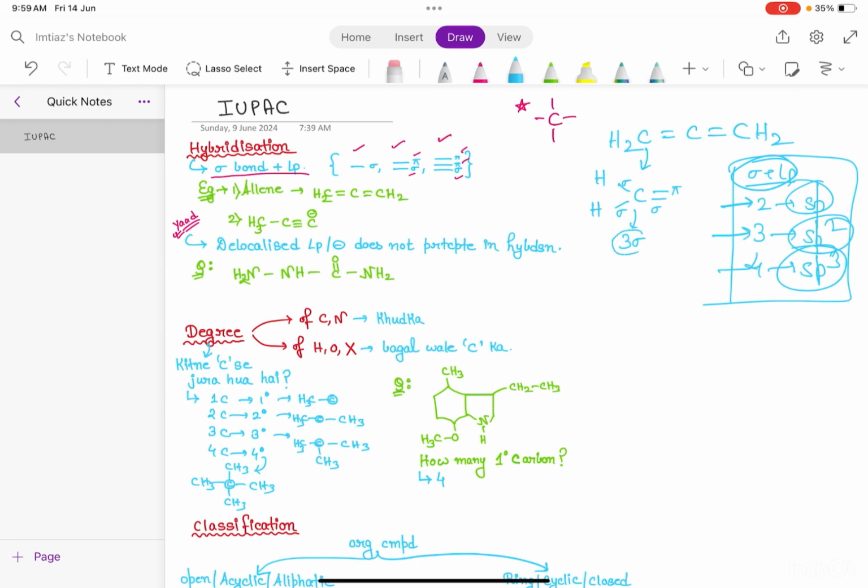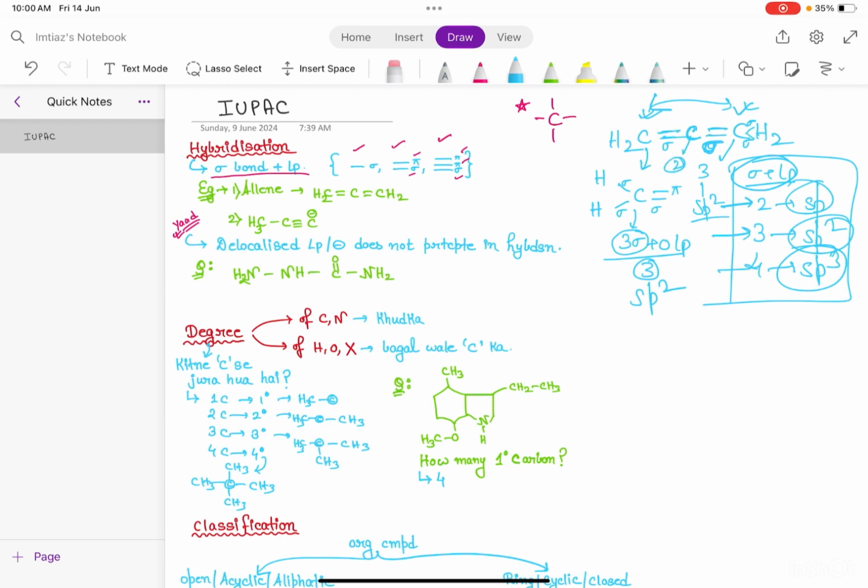So what is this? 3 sigma means 3, 0 lone pair, so total is 3, means it will be sp2. This carbon, similarly this carbon, same, both are the same thing. Here also you have 1 sigma and here 2 sigma, 2 sigma and 0 lone pair, so this will also be 3, that means sp2. And if we talk about this carbon, it is having 1 sigma this side and another sigma this side, means 2 sigma, that is 2, 0 lone pair.